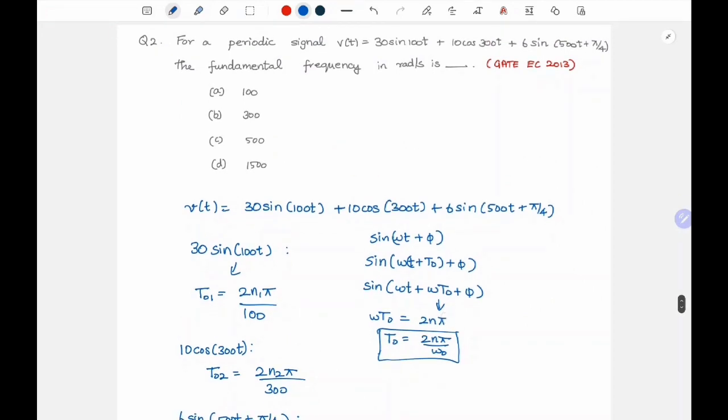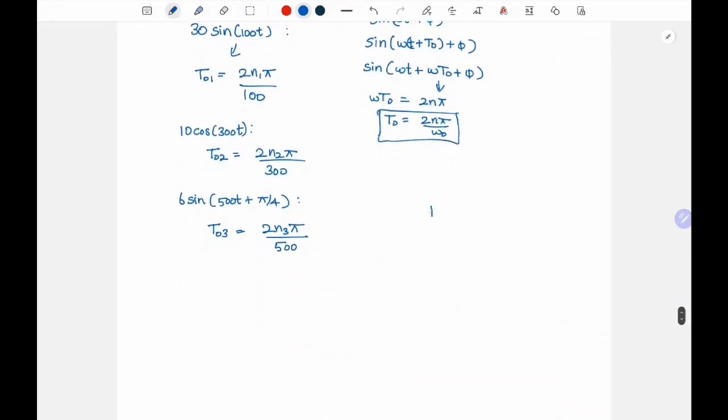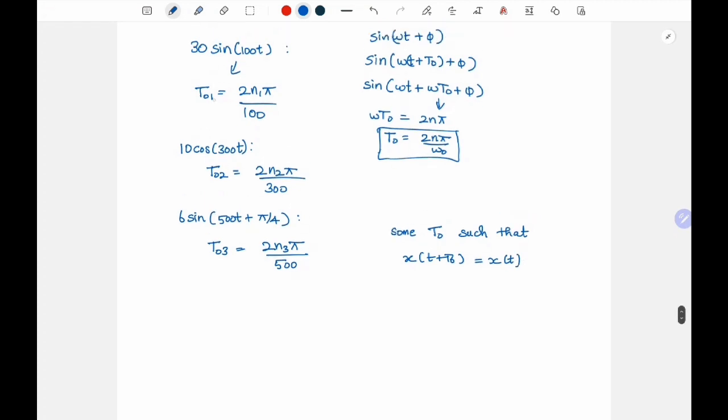And for it to be periodic, there should be some t naught such that x of t plus t naught is equal to x of t. But each of them individually, they occur at t01, t02 and t03.